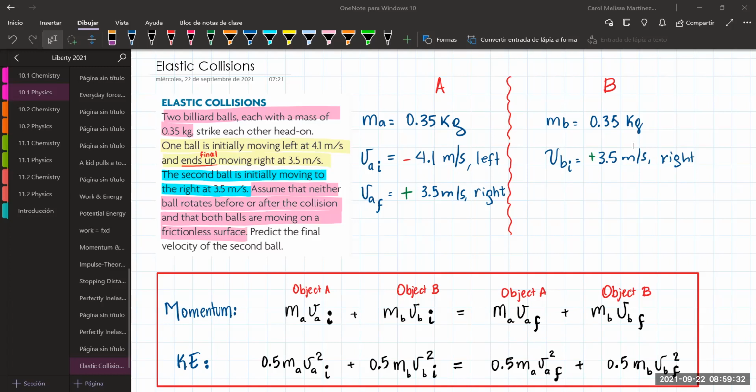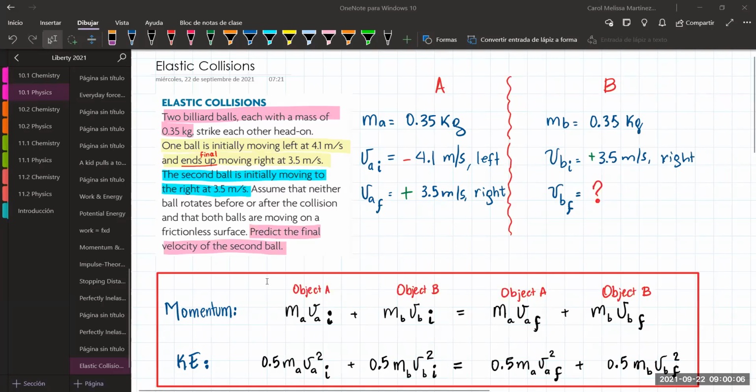Now, this does not provide me with any data at all. I'm just telling you what all this sentence means. But in the end, it's giving you the instruction, predict the final velocity of the second ball. I need to find the final velocity of the second ball. So the velocity of my second ball final is going to be unknown.